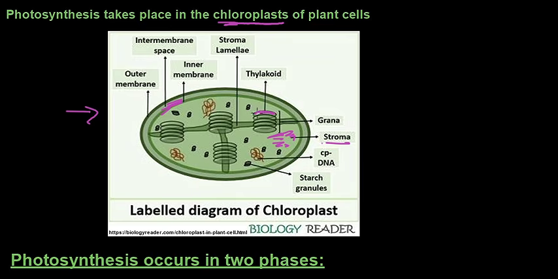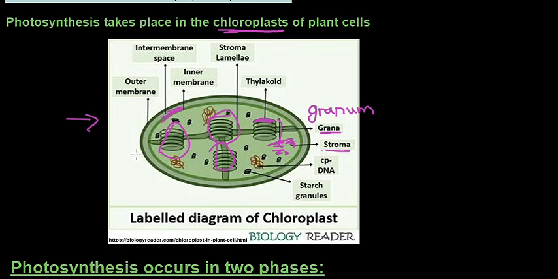So one of these discs is known as a thylakoid, and together they are known as a granum, singular, and then plural, if you count all of these individual stacks, is then grana. Now inside these grana is the very important plastid called chlorophyll, which is necessary for photosynthesis to occur.